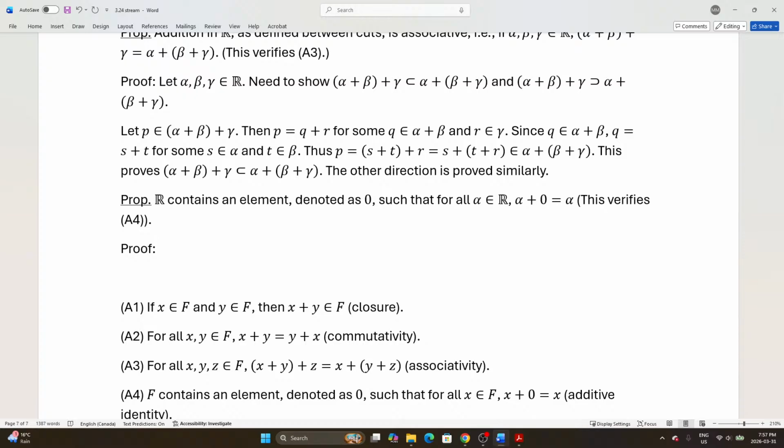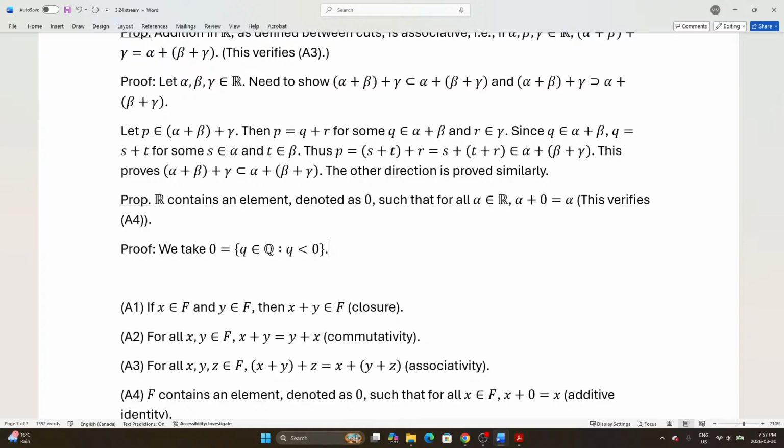So we take 0 to be the set of rationals Q in big Q such that Q is negative. So this is a set of all the negative rationals. This is our 0 here.